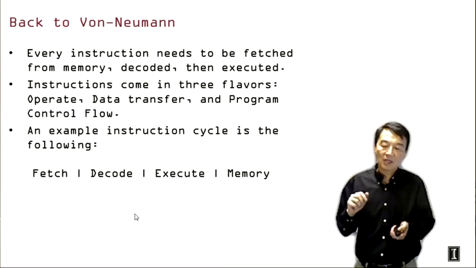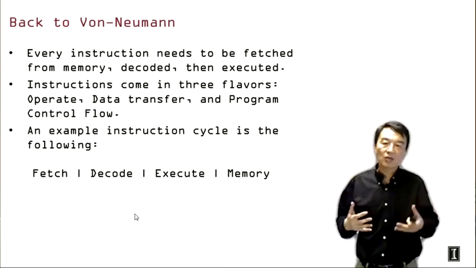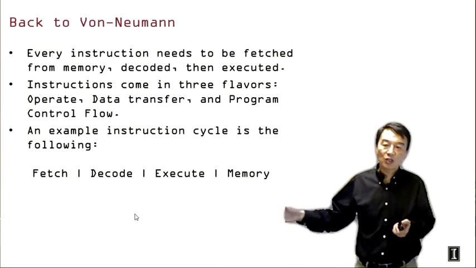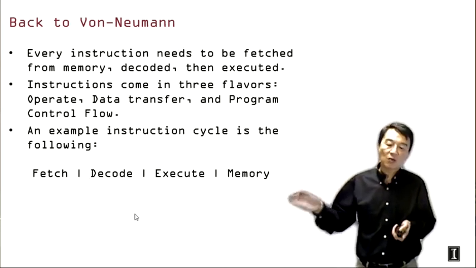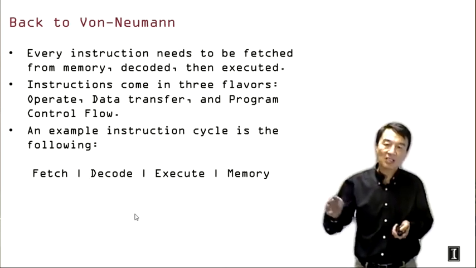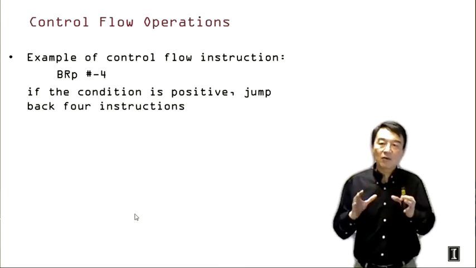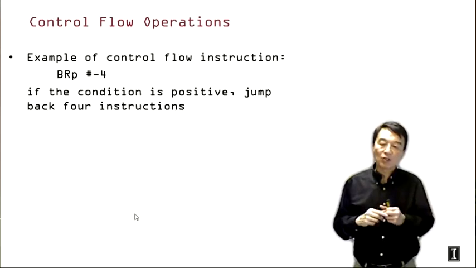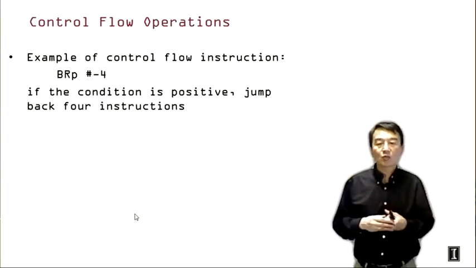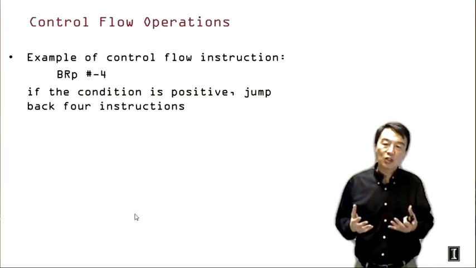In a typical processor, we will fetch an instruction, decode the instruction, execute the instruction, and it may access memory for its operands. So we can now focus on the control flow operation. A typical control flow instruction would be a branch instruction.